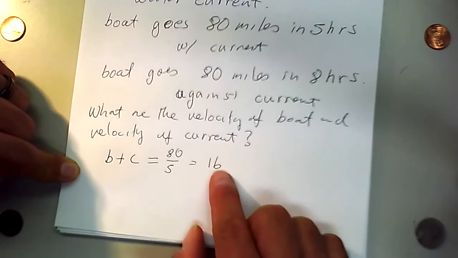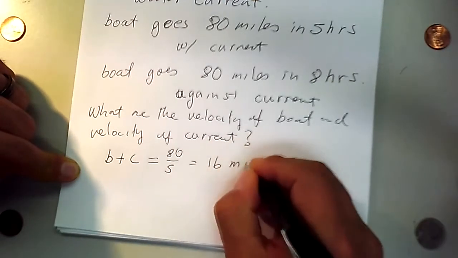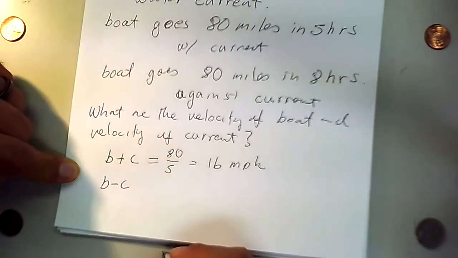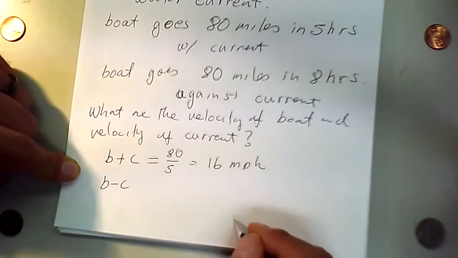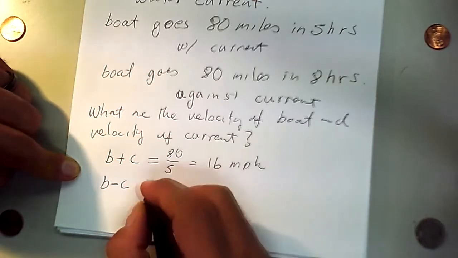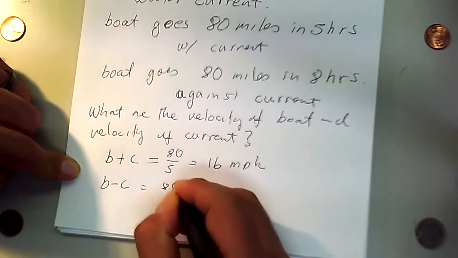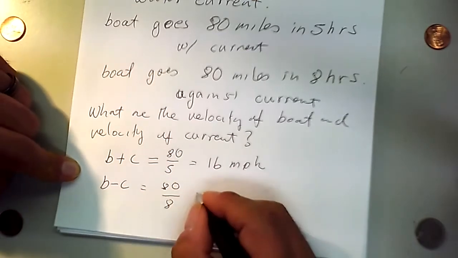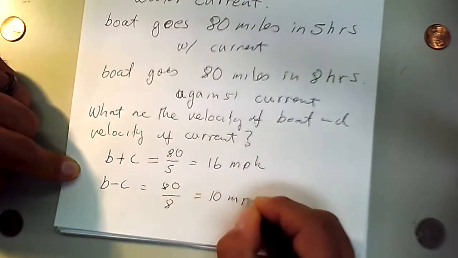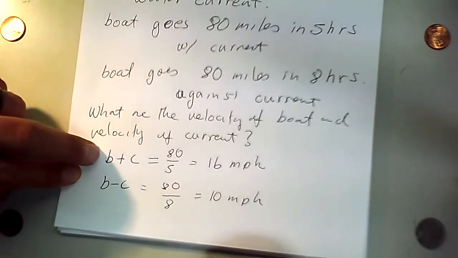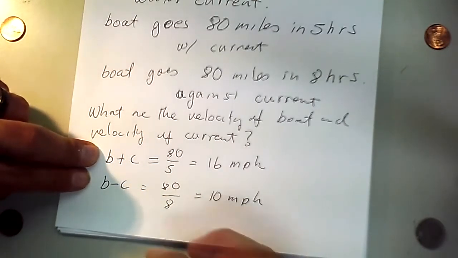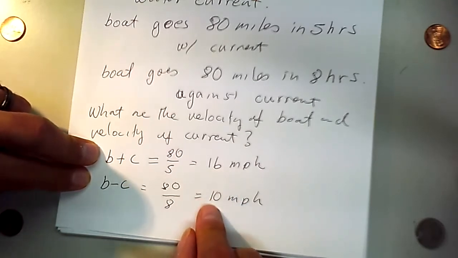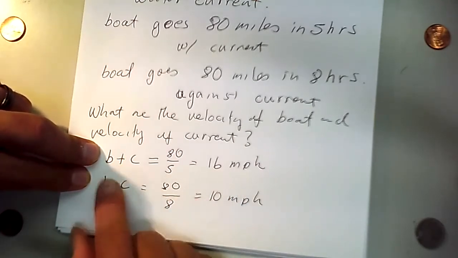Yep, 16 miles per hour. Against the current, we're still going forward because eventually we get there. It takes us way longer, 80 miles in 8 hours, which is 10 miles per hour. So with the current, we're going faster than against the current. The question is how much is each one of those?